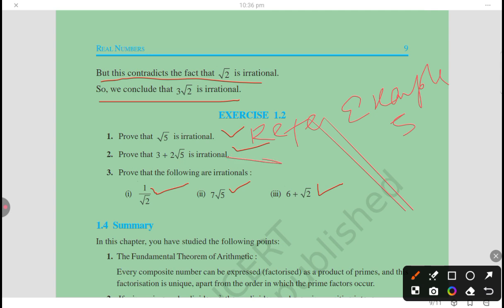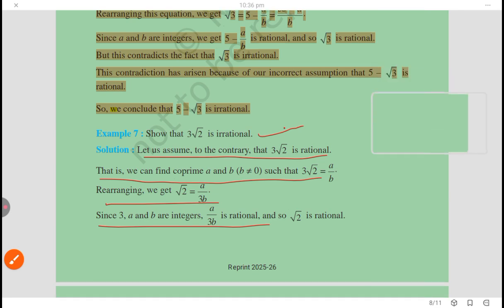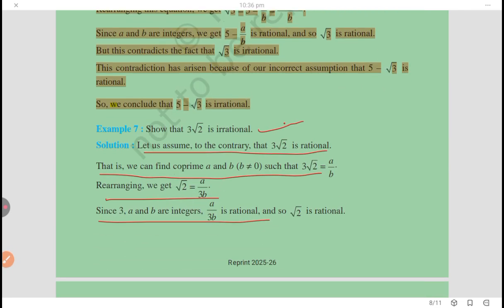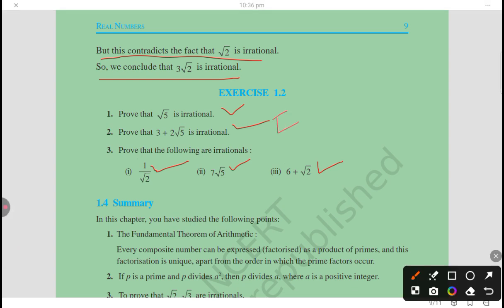For this also you refer to the above example, example number 6. The procedure is the same for these questions. Example 6, here same thing like this only.